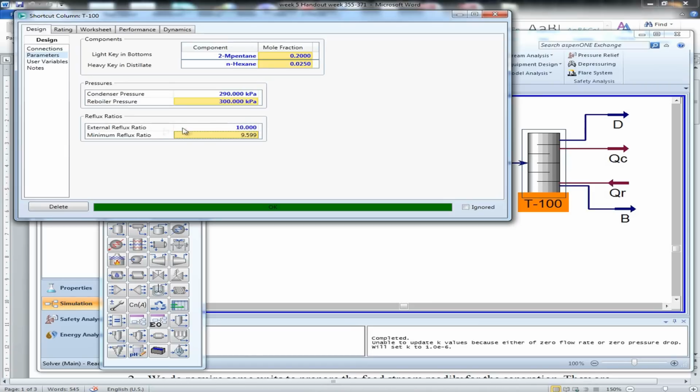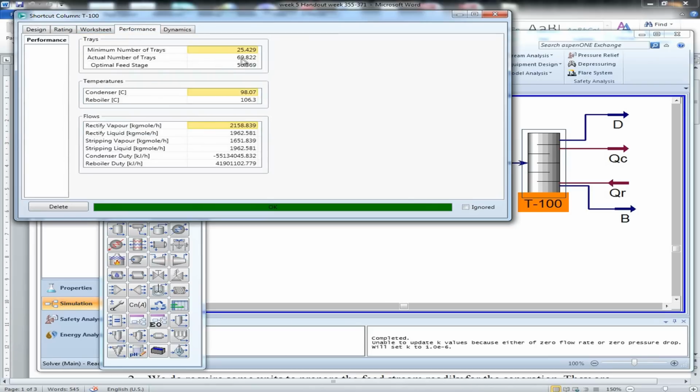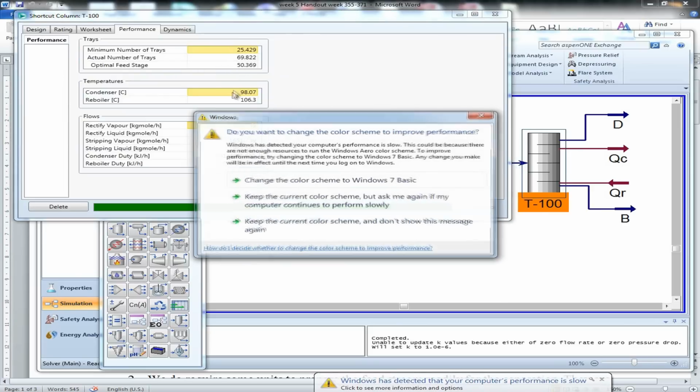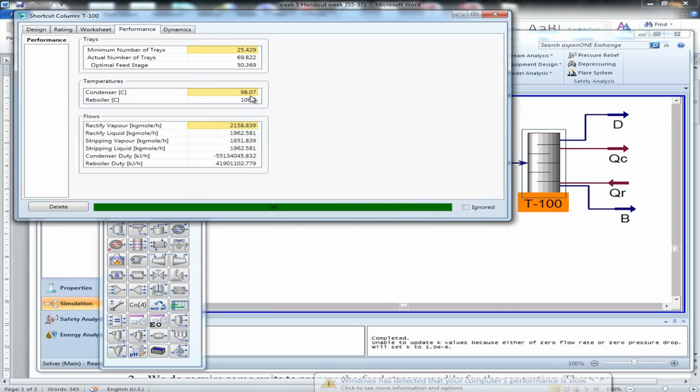After I put the reflux ratio there, the program generates the result, giving that the actual number of trays is about 70, and the feed tray is 50, while the temperature is about 98 at the top and 106 at the bottom.